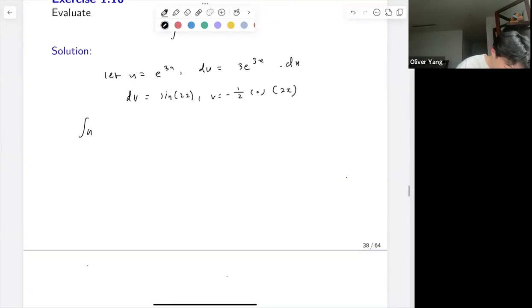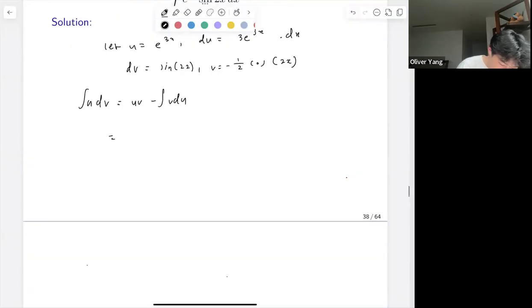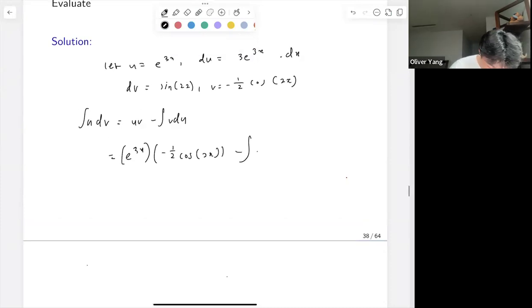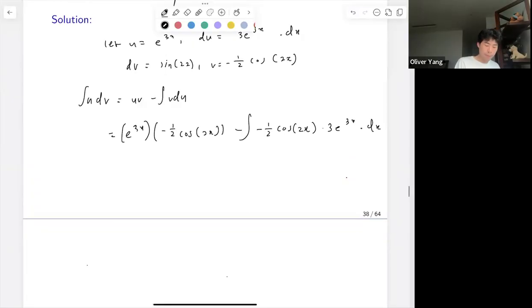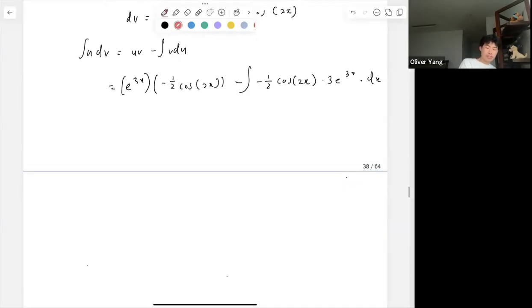So we're going to put it in our formula. u is e to the 3x, v is negative a half cos 2x, minus the integral of v du. So v du is negative a half cos 2x times 3e to the 3x dx. Now we're just going to consider this one here.